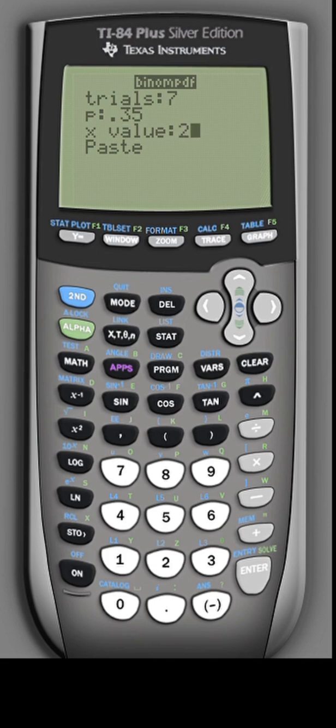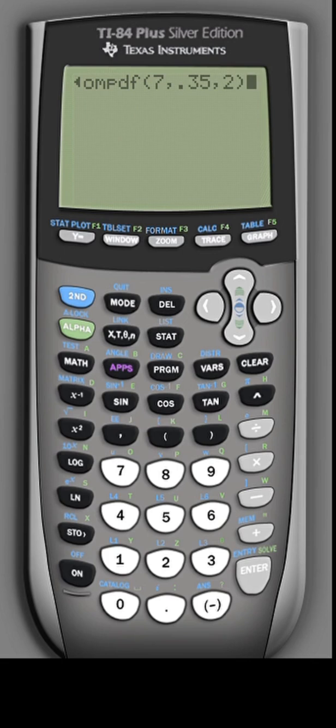So again, I am running an experiment 7 times, the probability of success is 35%, and I'm curious, what is the probability that exactly 2 of those times we get a success, if you will.